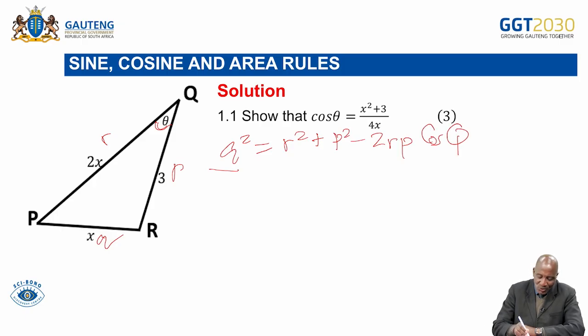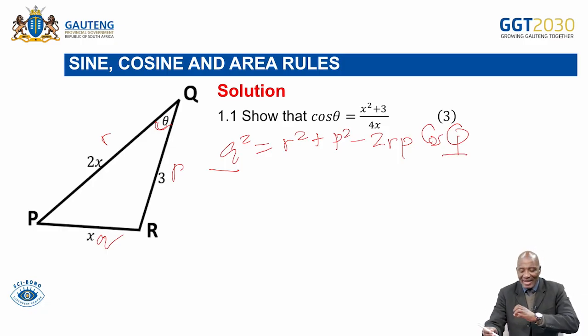If small q is there, our last letter must be a capital Q. We'll then replace for Q, R, P, and big Q.